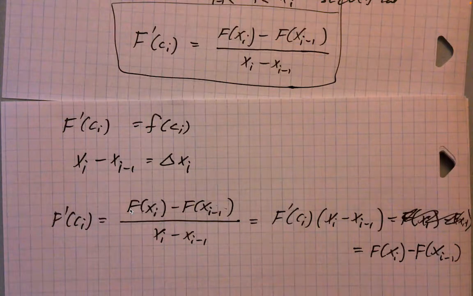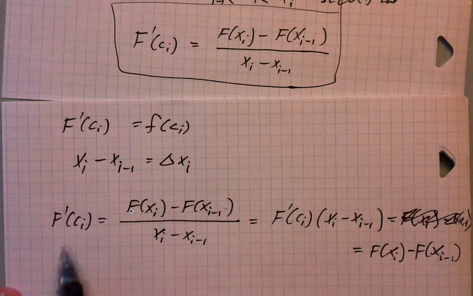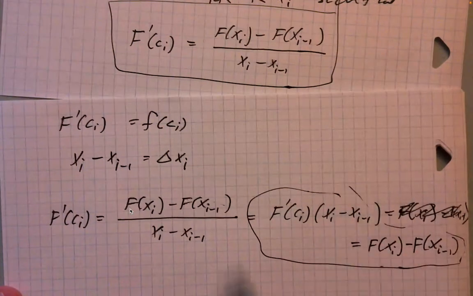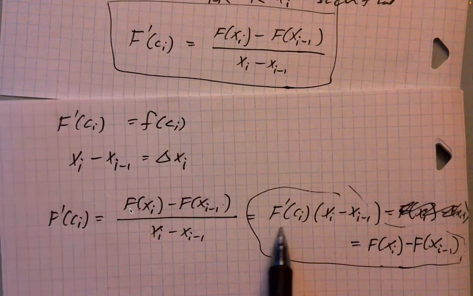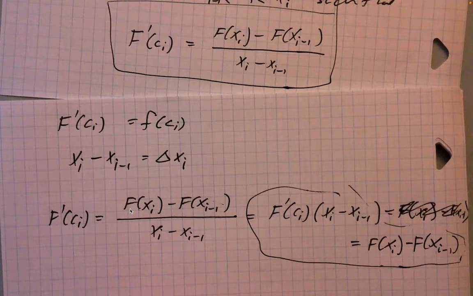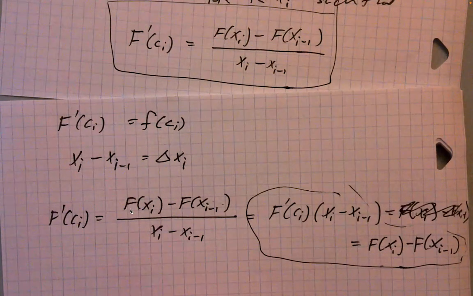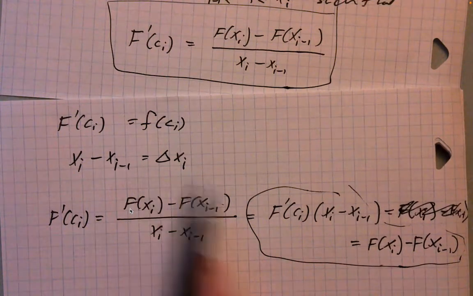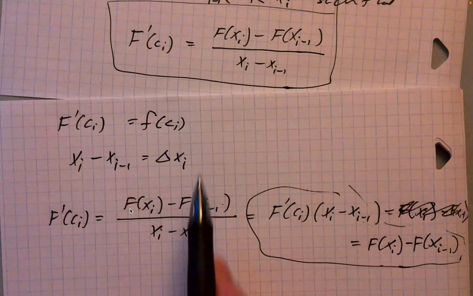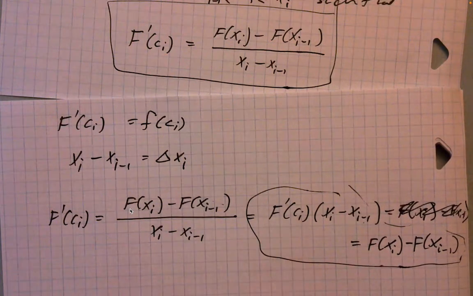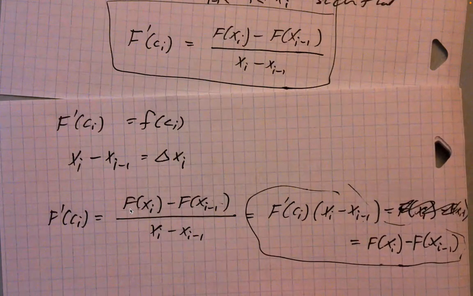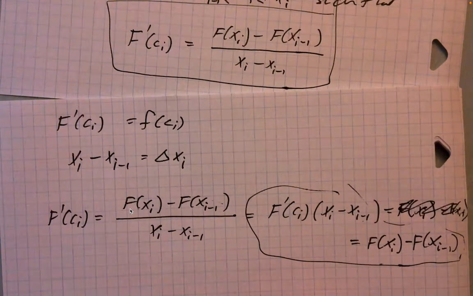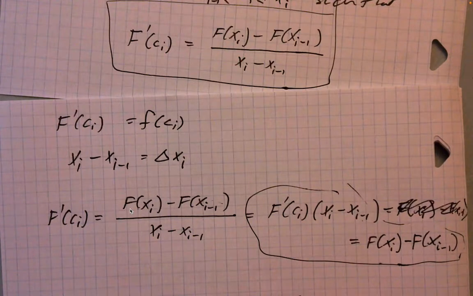All right. And so combining this statement here with this previous fact, it's fine to write this as f prime of ci times delta xi, and to say that that is equal to your f of xi minus your f of xi minus 1, right?